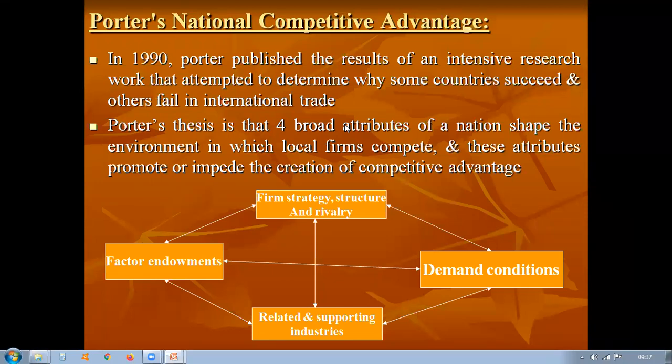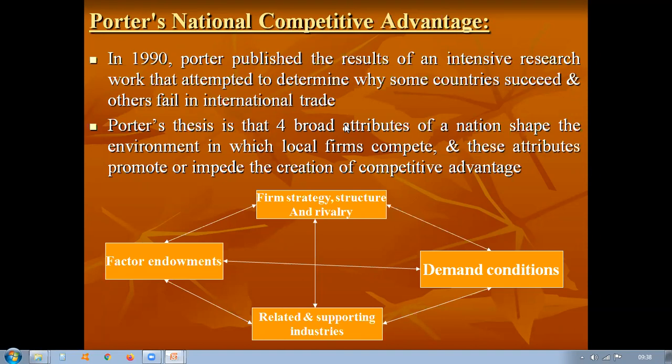So companies get competitive advantage, superiority, from different elements: demand conditions, factor endowment, related and supporting industries, firm strategy, structure and rivalry, which we have discussed in Porter's national competitive advantage.